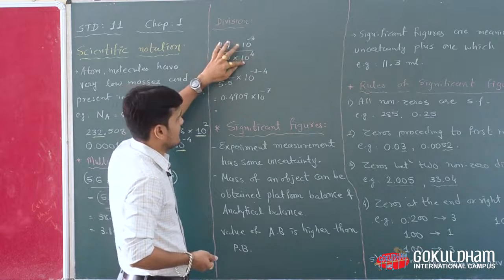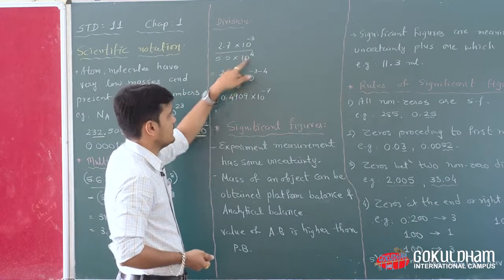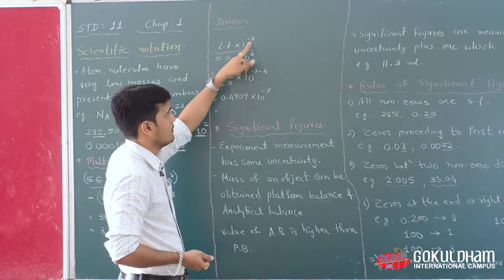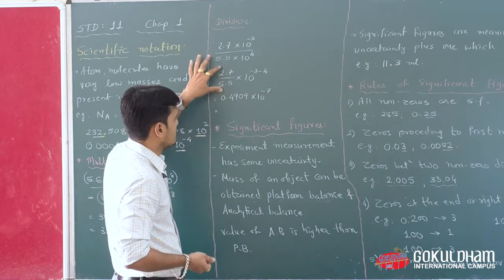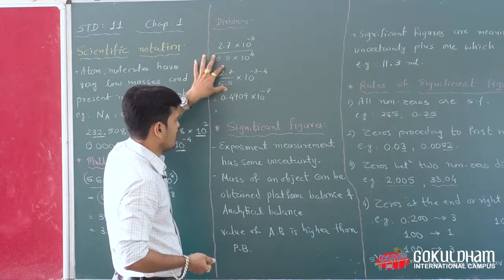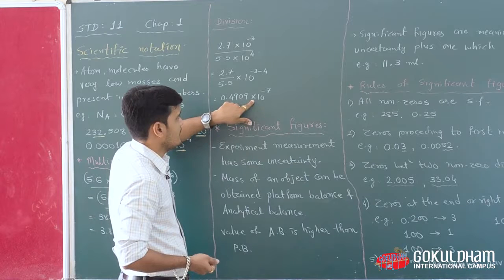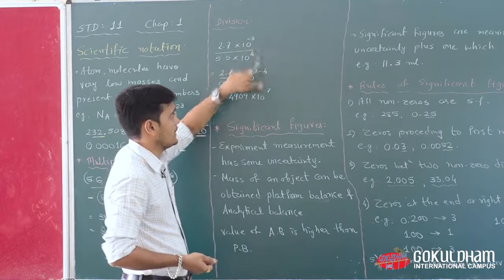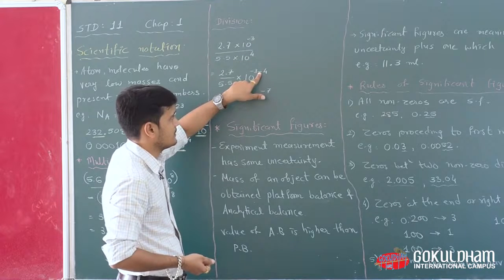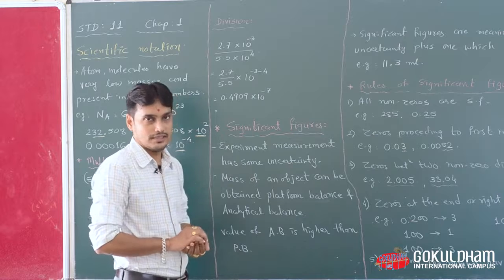So you can put this 4 on the upper side as minus 4. The divided value is 0.4909 into 10 raised to minus 3, and with this 4 going upside as minus 4, the total value becomes 10 raised to minus 7.